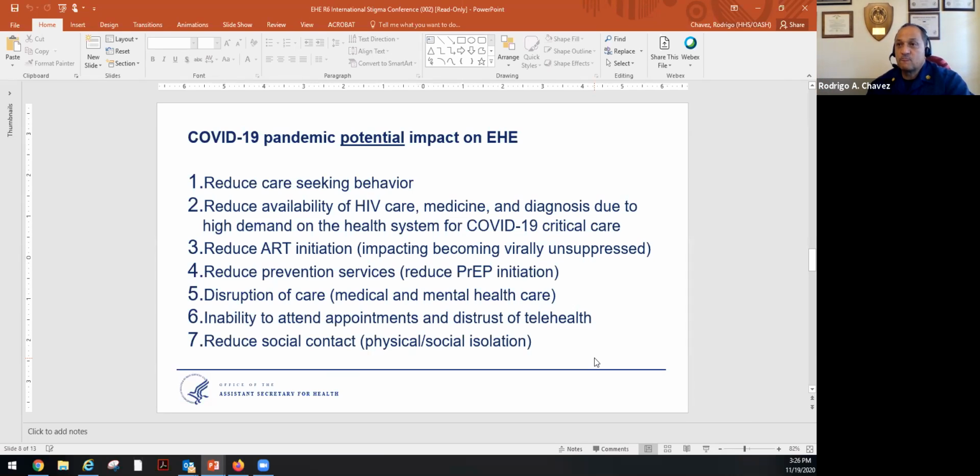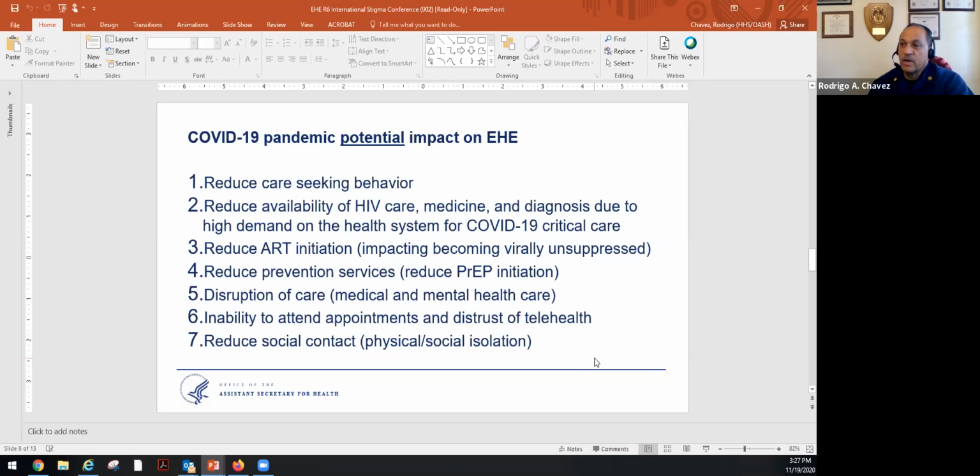In our case, we've noticed that during the COVID pandemic, individuals reduced care seeking behavior. That wasn't their priority anymore. The availability of HIV care, medicine, and diagnosis was reduced due to high demand, like I just mentioned. Fewer providers, more demand. ART initiation, antiretroviral therapy for HIV, was reduced because of obvious reasons.